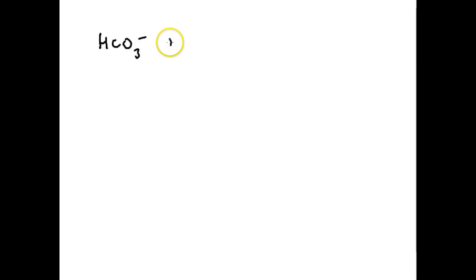So because it's a weak base, I do hydrolysis. I break up water into OH minus and the conjugate. Oh, wait a minute, I'm doing this backwards. Sorry. Okay, so OH minus and H2CO3.